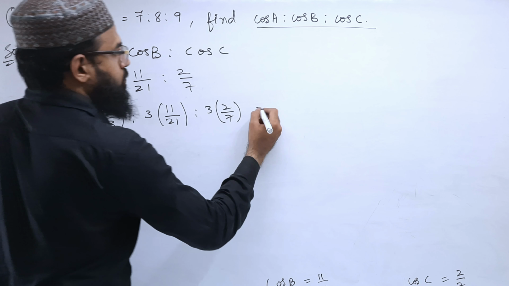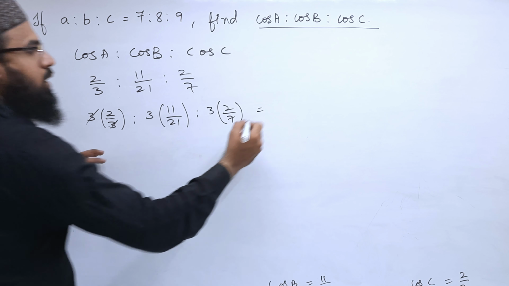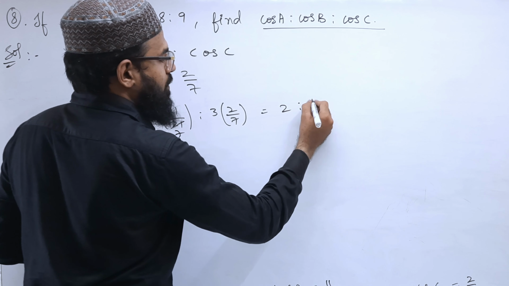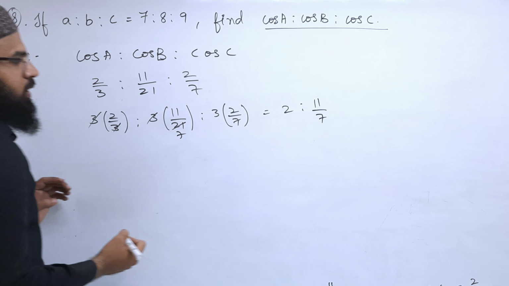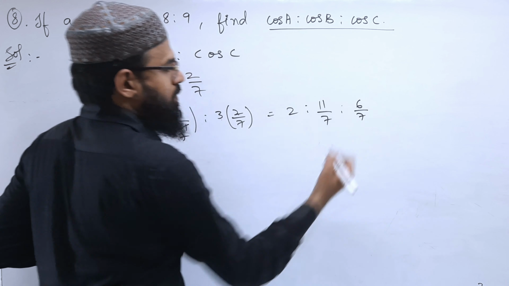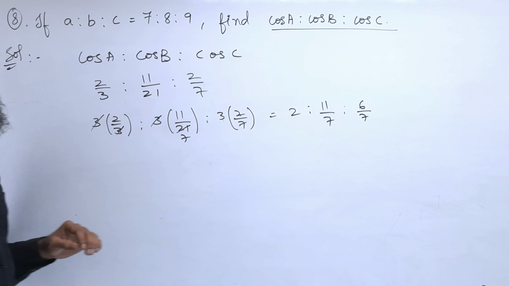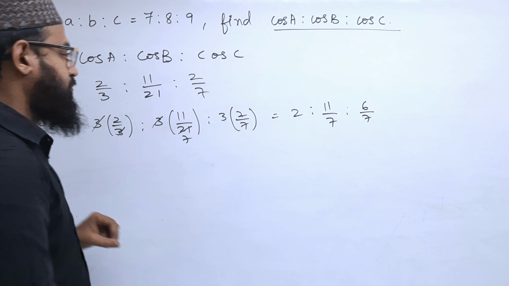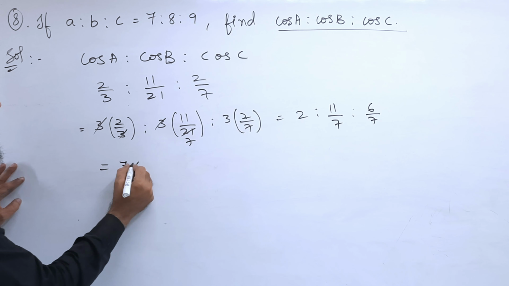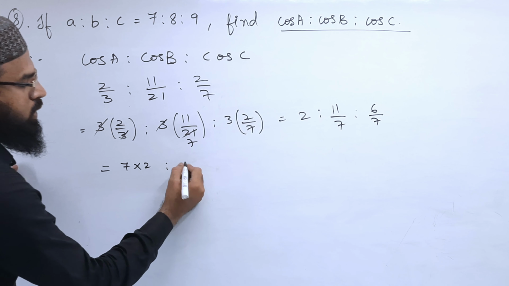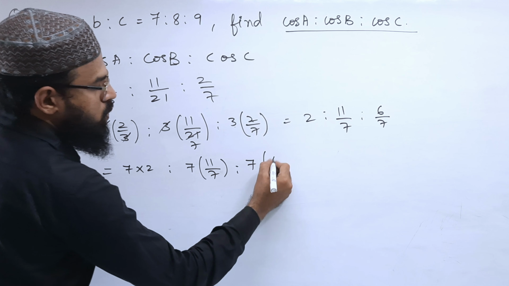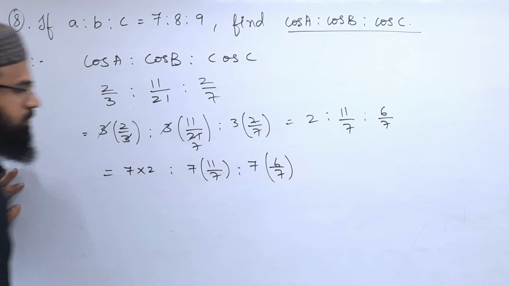So 3 × 2/3 is 2, 3 × 11/21 is 11/7, and 3 × 2/7 is 6/7. Now let us multiply the whole ratio by 7.